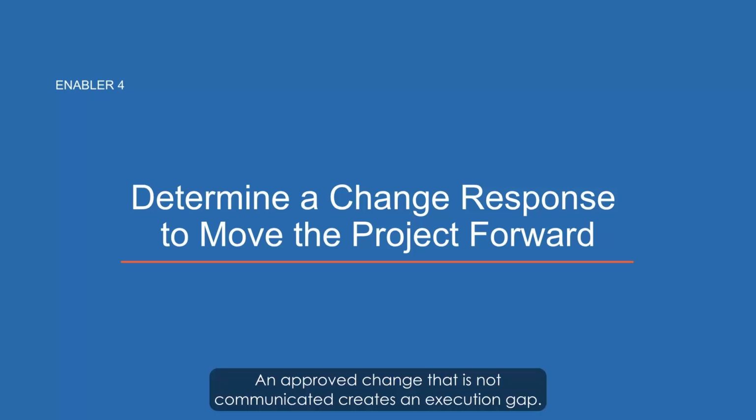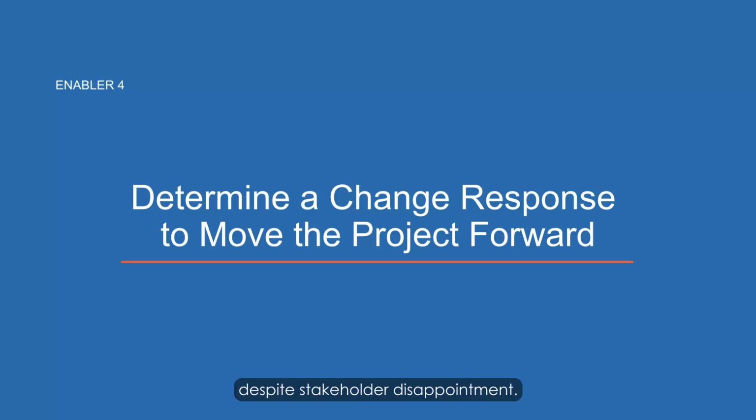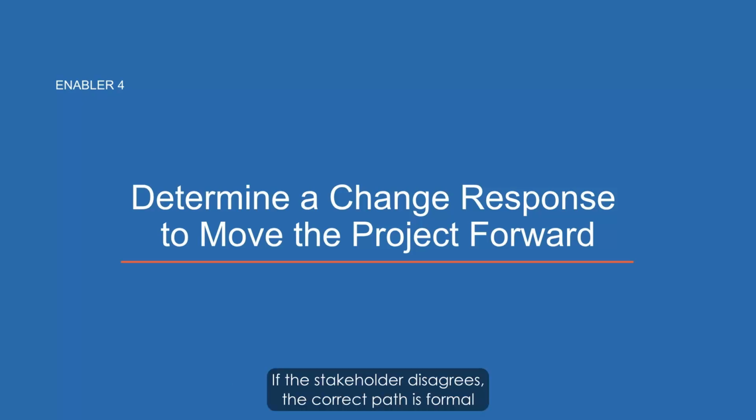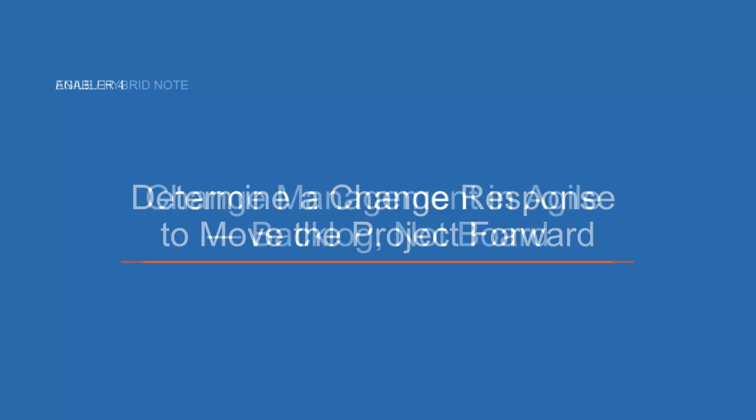An approved change that is not communicated creates an execution gap. For rejected changes, document the rejection in the change log, communicate to the requester, and ensure the team does not implement despite stakeholder disappointment. If the stakeholder disagrees, the correct path is formal reconsideration through the process.